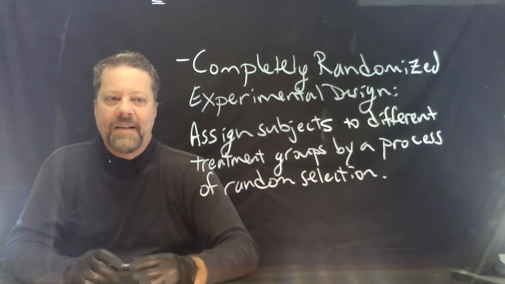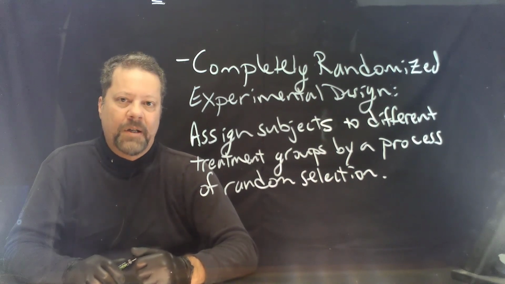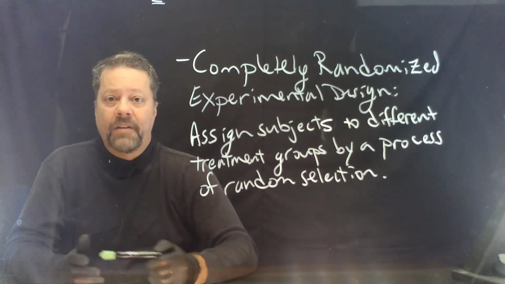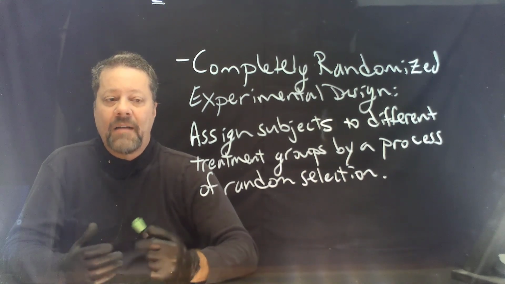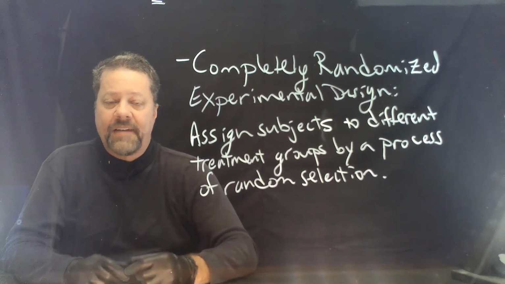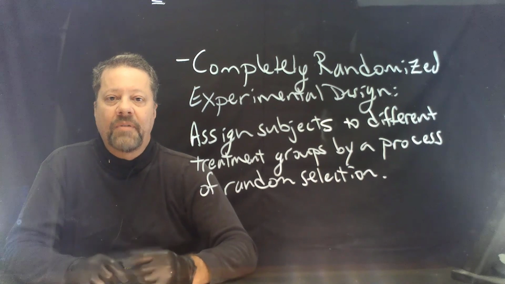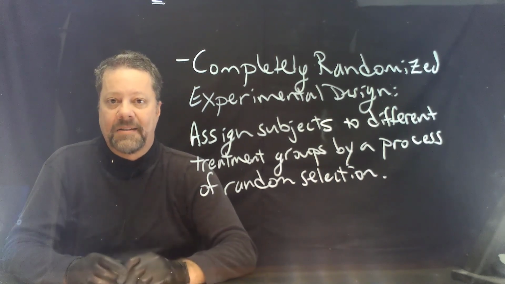We don't allow bias to enter by individuals wanting to be part of the experimental group and not part of the control group. It's important to have a control group. You cannot really tell if some treatment has the desired effect if you don't have that control group to see what the effect of doing nothing is.